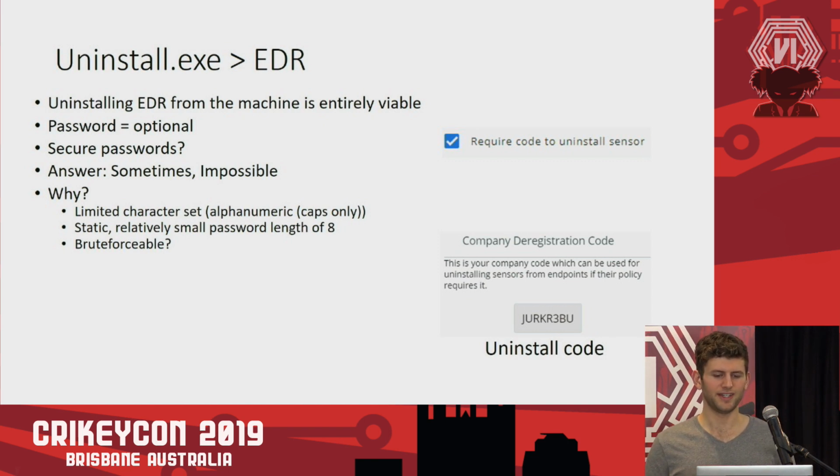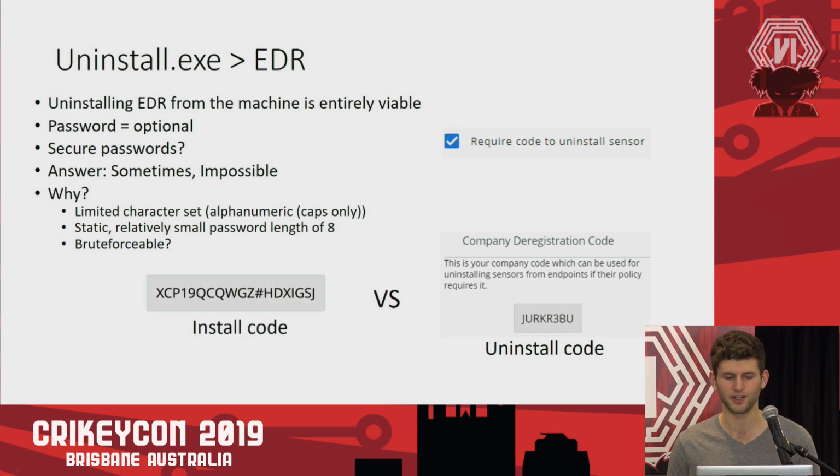And one interesting thing I saw in this particular product is maybe an indicator of where their priorities currently lie. There's also a code when you install the product, much like a serial key or something. When you compare the security they've put into the uninstall code to the security they've put into the install code, it's interesting, right?